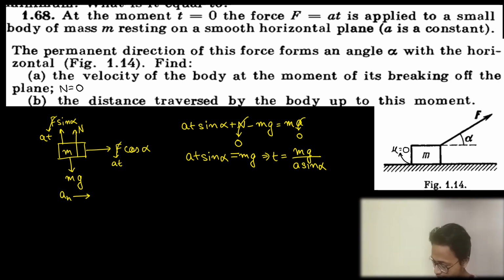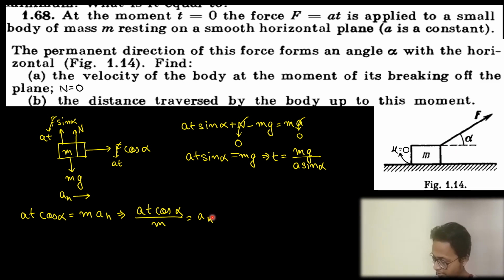If I take the horizontal component of force, At cos alpha is equal to mass into AH, so horizontal acceleration AH is equal to At cos alpha by mass of the block. This A here is the constant in the question, nothing to do with acceleration.